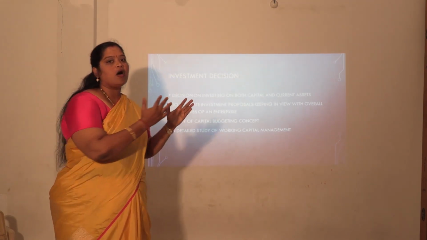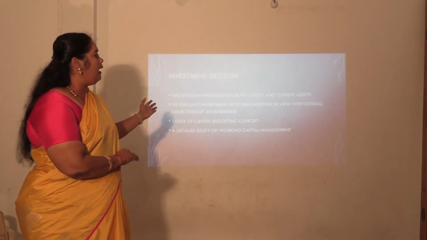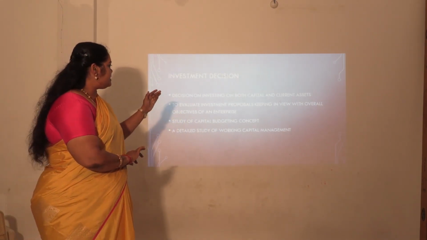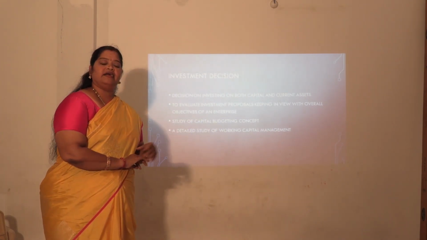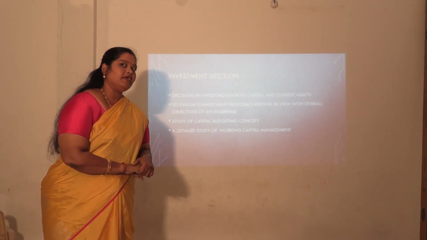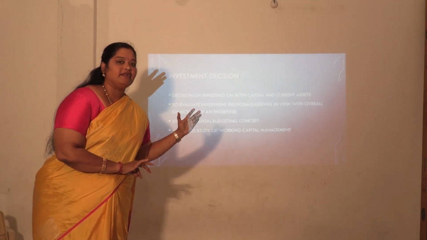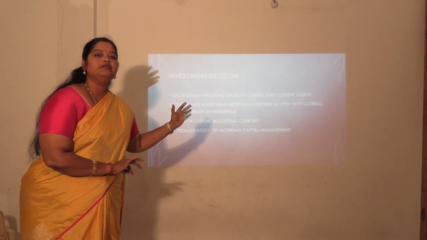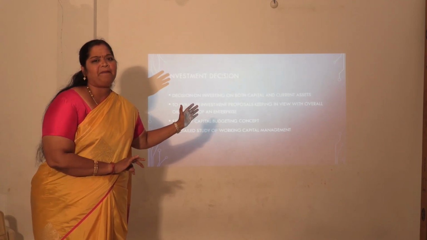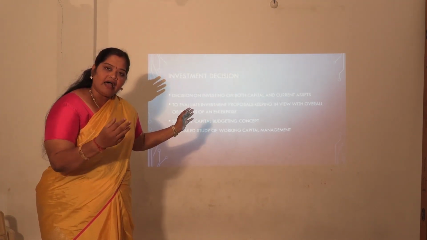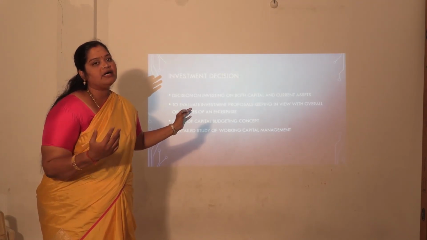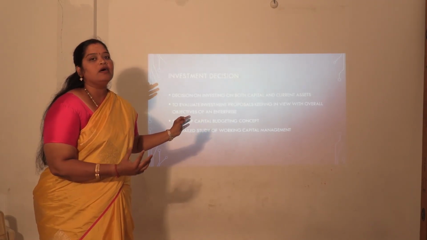Now let's move on to the concept discussed in the slide over investment decision. This investment decision again talks about investing in capital and current assets. As I told you already in the first slide, fixed capital is the deployment of funds over capital assets. So what are capital assets? I invest in that asset once and I enjoy the benefit for the lifetime of the particular fixed asset.